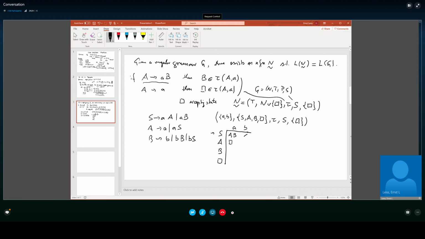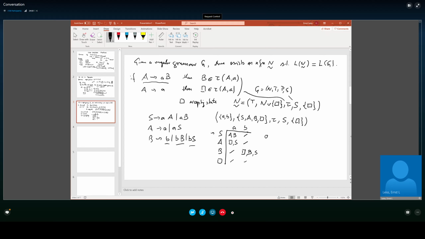And A goes to aS, so I have the S, and there's again no B. And for capital B, I don't have anything under a. And then I have the square from that production, the B from that production, and the S from that production. And the square doesn't go anywhere.